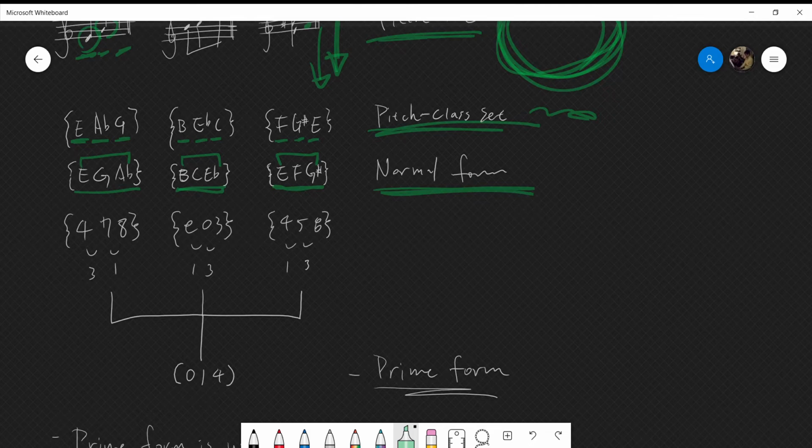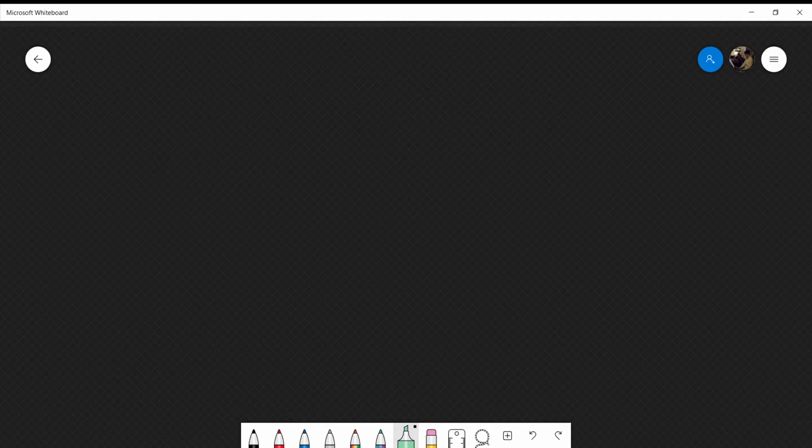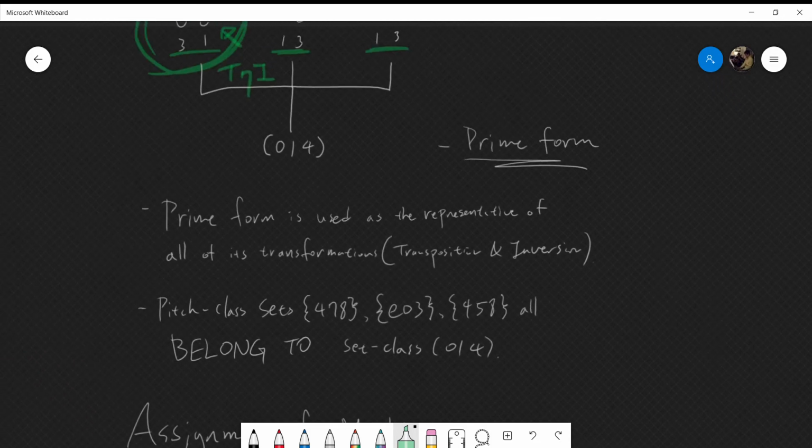And after the normal form, which I put here in integer notation, if you look at the interval structure, we have 3, 1, 1, 3, and 1, 3. That means if you do an inversion of this, let's say T7I of this, then you will end up here.